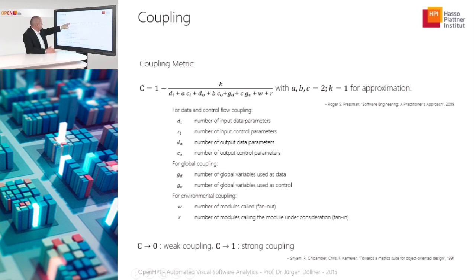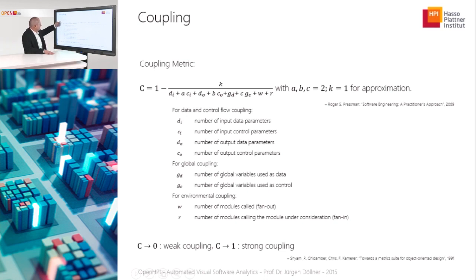It takes into account the number of input data parameters, number of input control parameters, the same for output data and output control parameters, and even global variables, and the number of modules called, known by the term fan-out, and the number of modules calling the module under consideration, the so-called fan-in number. If we look at this formula, we see a metric measurement will be in the range between 0 and 1.